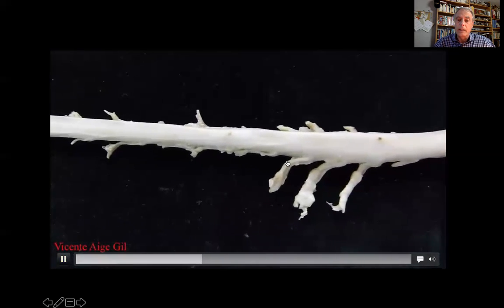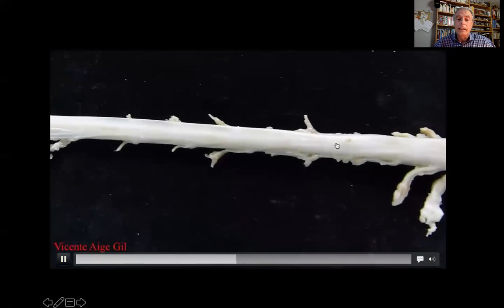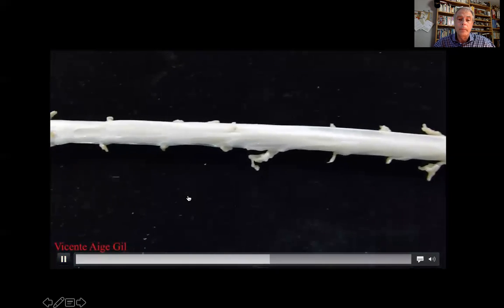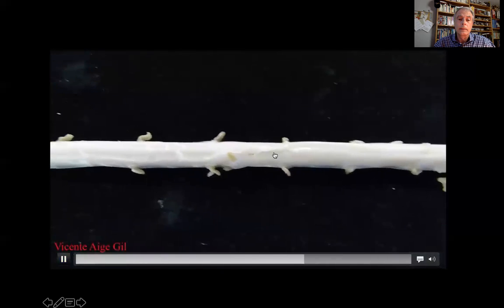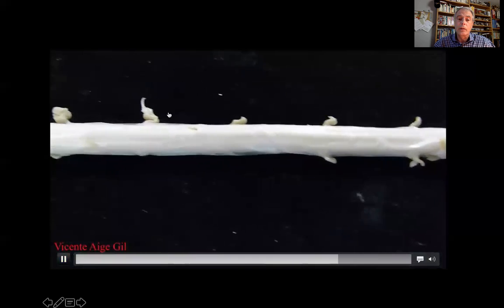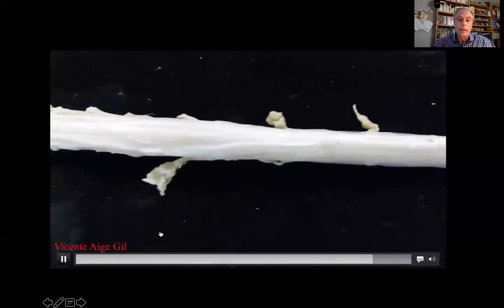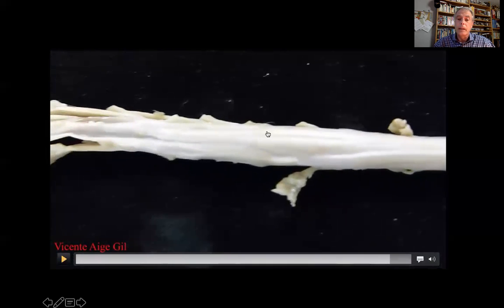Here is the level of the cervical intumescence, the brachial plexus, and then we get to the thoracic level. Here, the roots of the spinal nerves are shorter. Now, when we get to the lumbar level, here we have the lumbar intumescence.